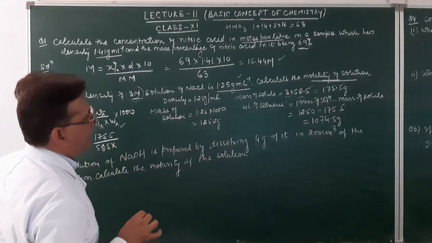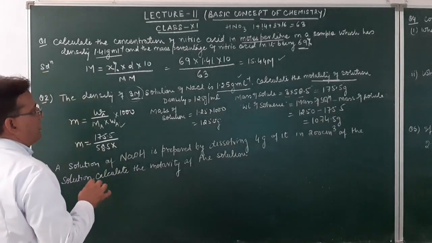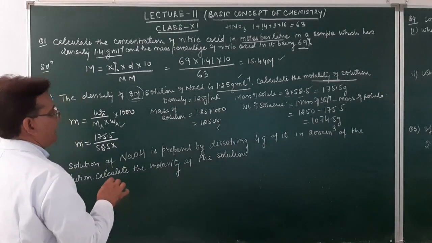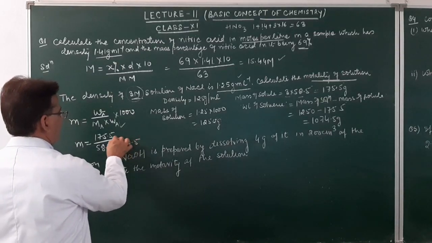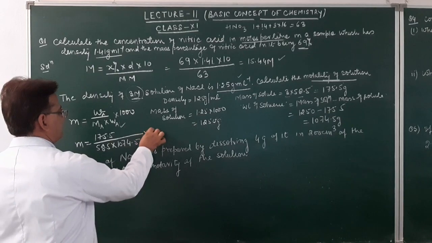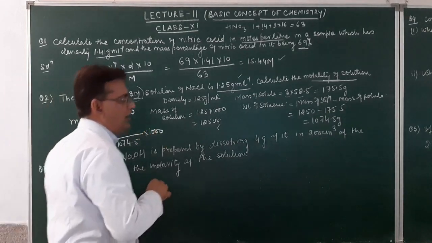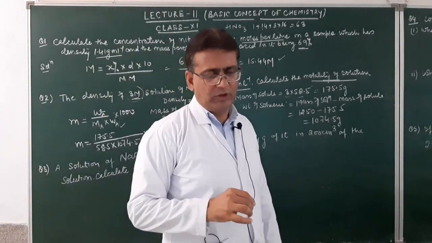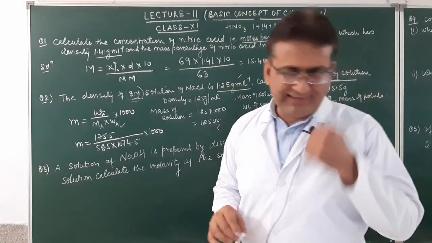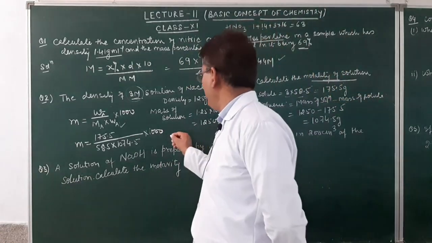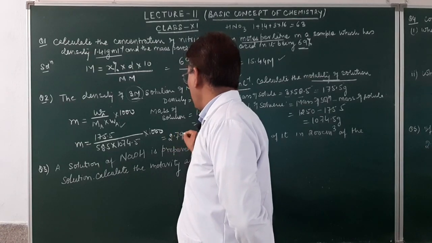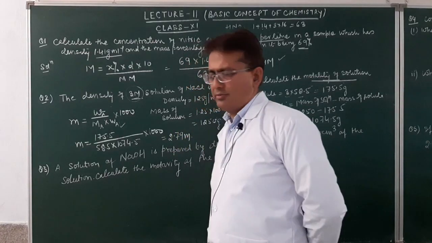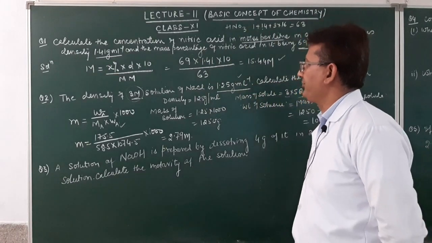What is the weight of solvent? It is 1074.5 gram, multiplied by 1000. I think I must be very clear. And your answer in this case will come to be equal to 2.79 molar. Is it clear to you or not?